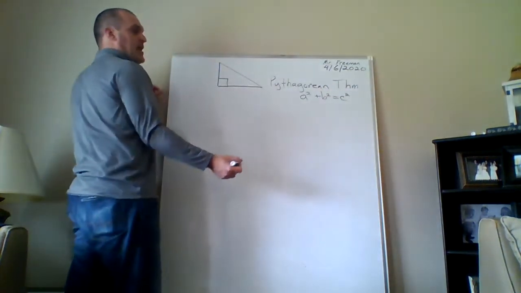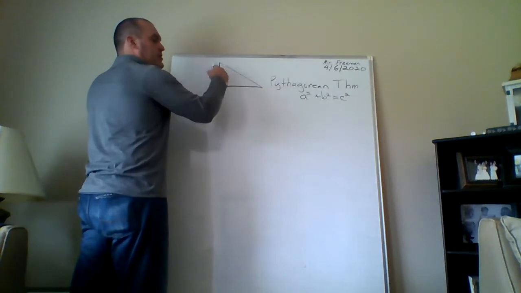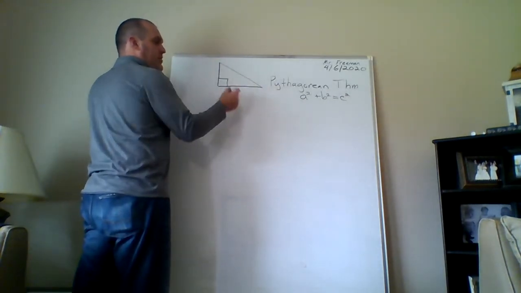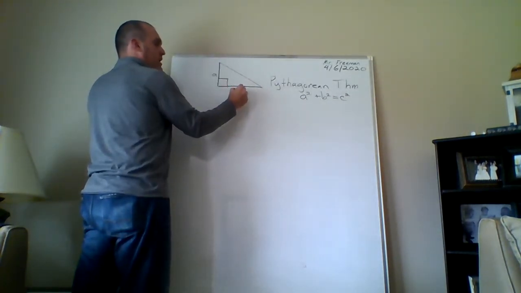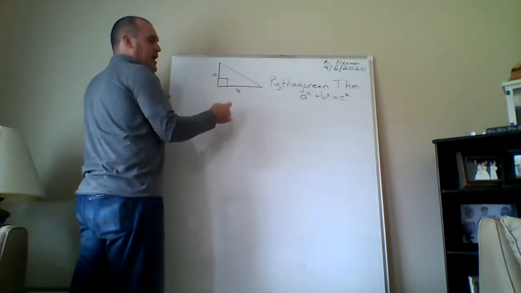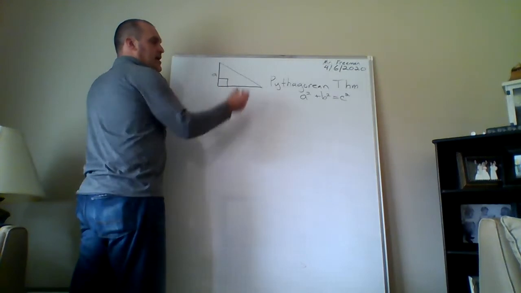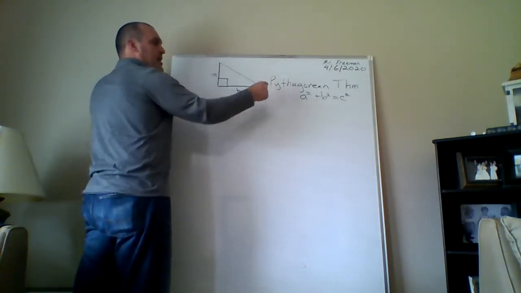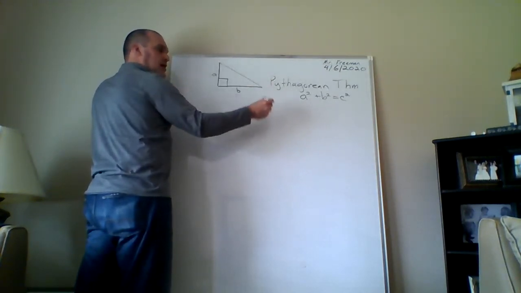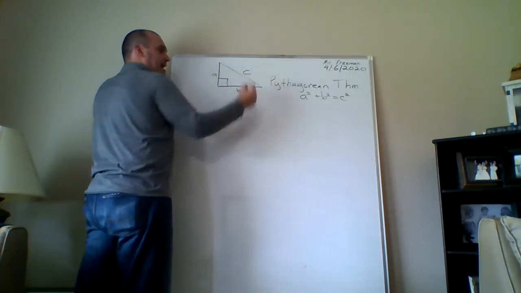Now, what does that mean? Either one of the shorter two sides of this triangle, we can label as A or B. Those can be interchangeable as long as they're the shorter two sides of the triangle. The hypotenuse, this is called a hypotenuse, is the longest side of the triangle. That is where C has to be.